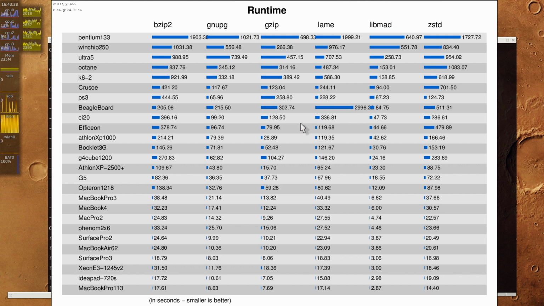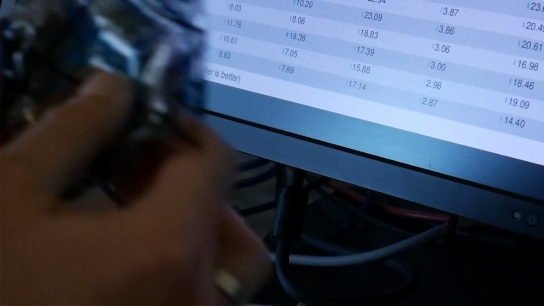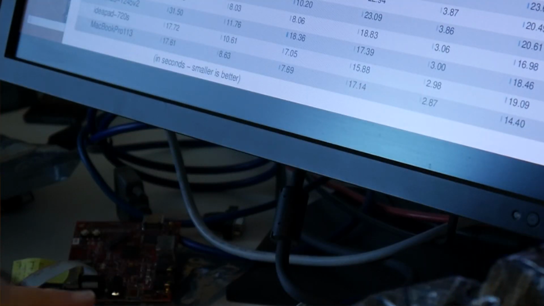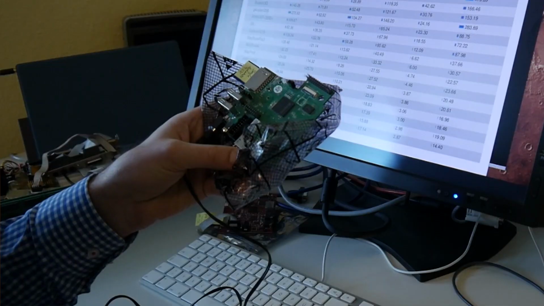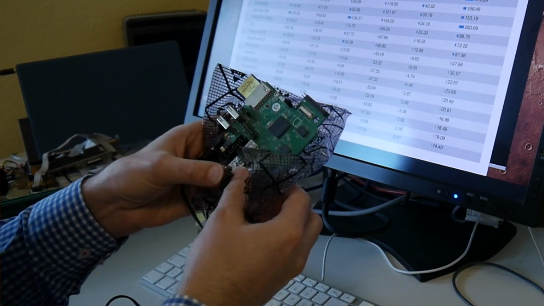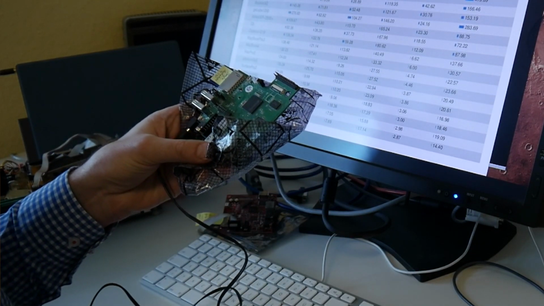And the other embedded board here that often performs quite a bit better, except here in the BZIP2 test for some reason, is a MIPS Creator CI20. That is a dual-core embedded MIPS, 32-bit only. So you could say a bit of an Octane successor. And of course, this means nowadays such an embedded board is much more powerful than an Octane.